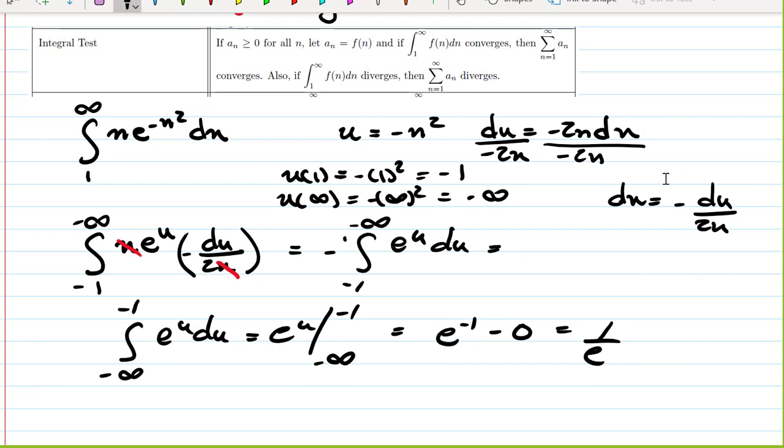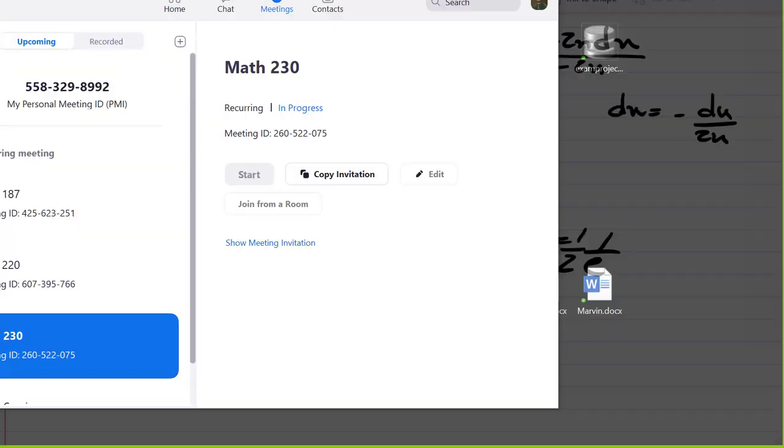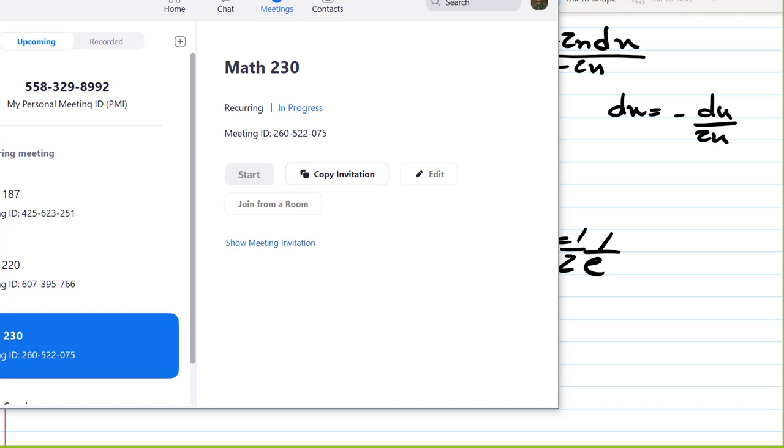Just kidding. I lost a 1/2. So we get 1 over 2e. That's much better. Regardless of whether it was 1 over e or 1 over 2e, our integral is still going to be finite.